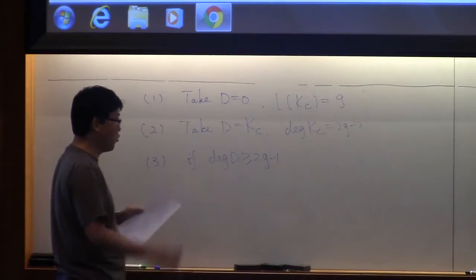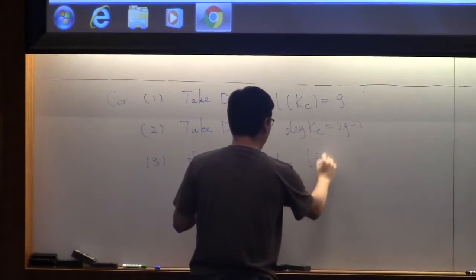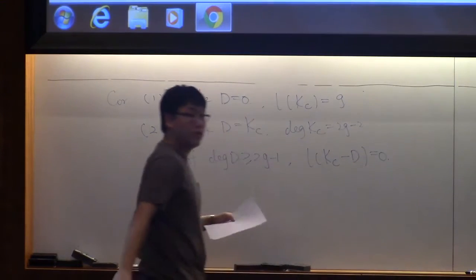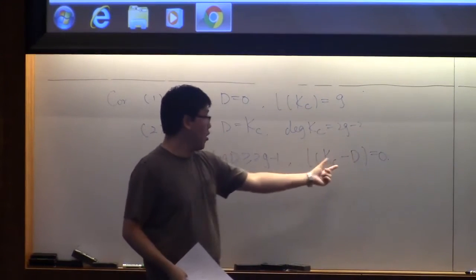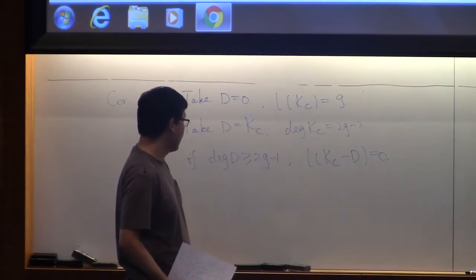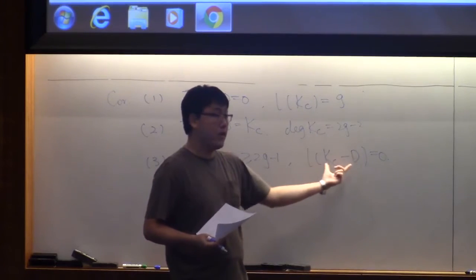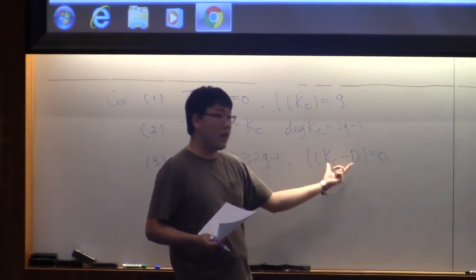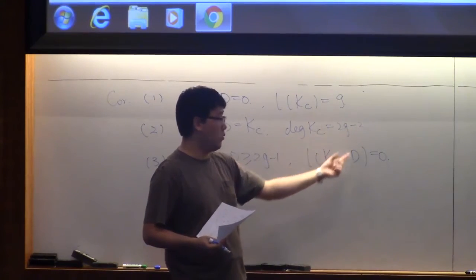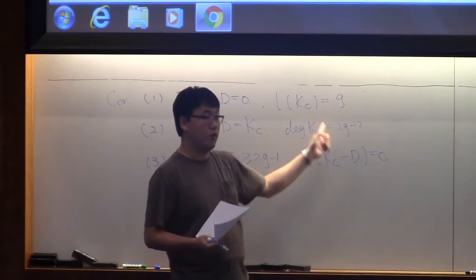If it is bigger or equal to 2g minus 1, we know that this dimension must be 0 because the degree of this difference of this divisor is negative. Because the degree of the canonical divisor is 2g minus 2, and the degree of the divisor D is bigger than the degree of this divisor.